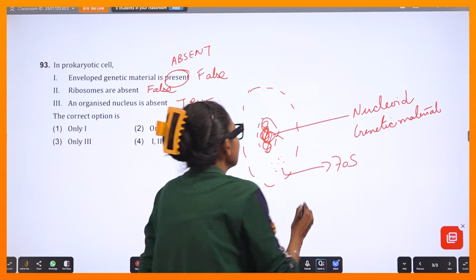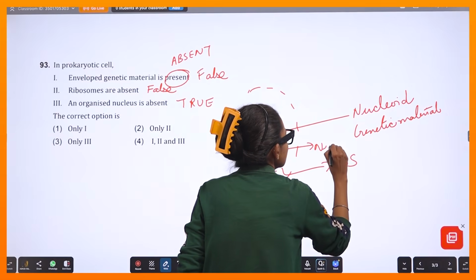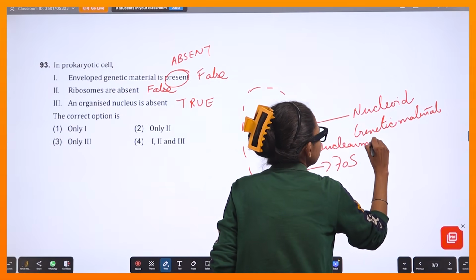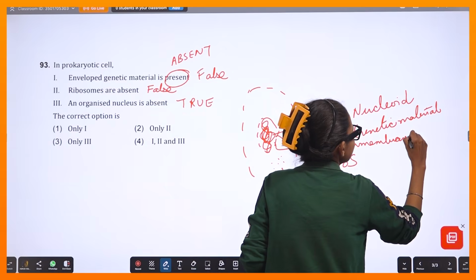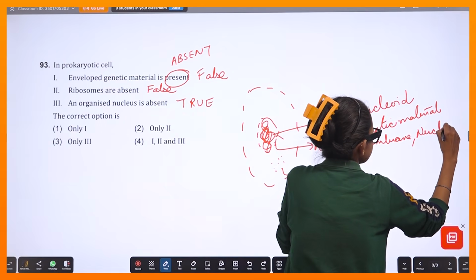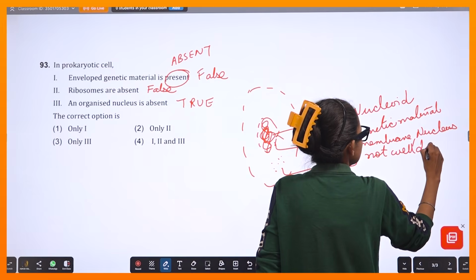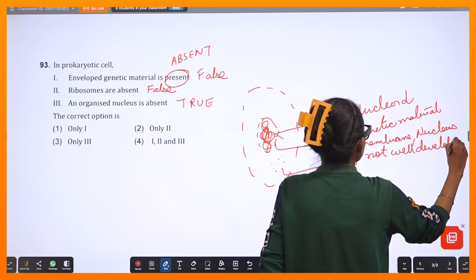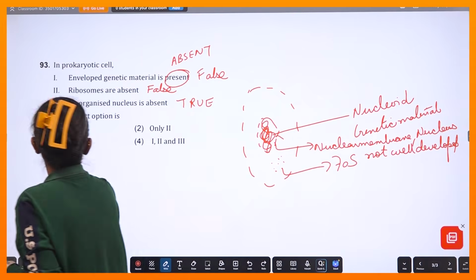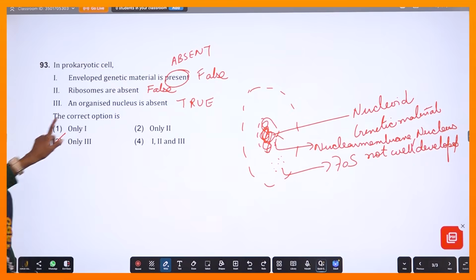Why? Because the nuclear membrane and nucleus are not well developed. So it's the third one, right? Fine.